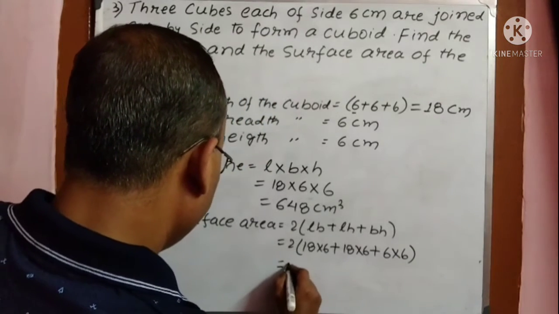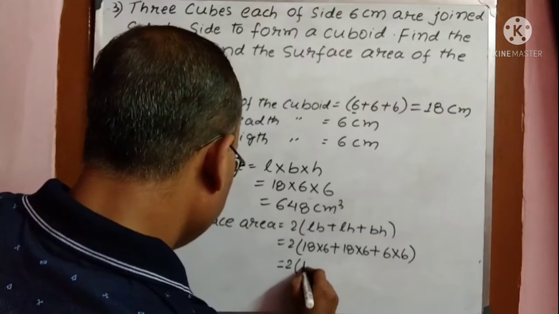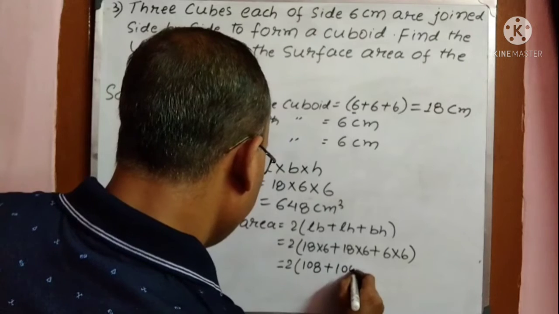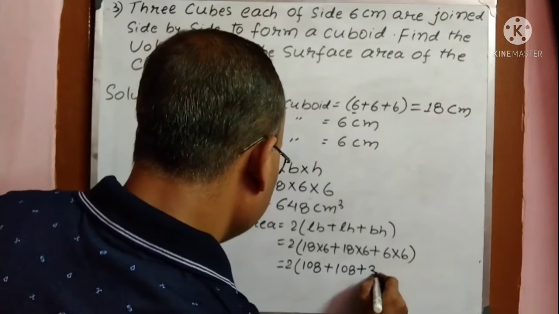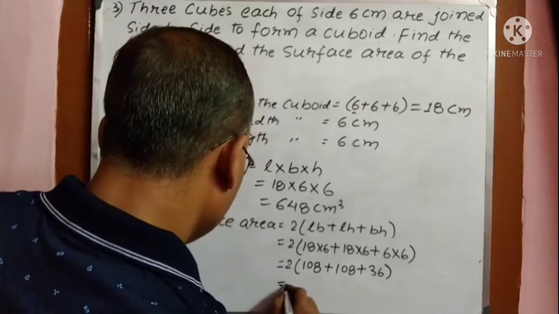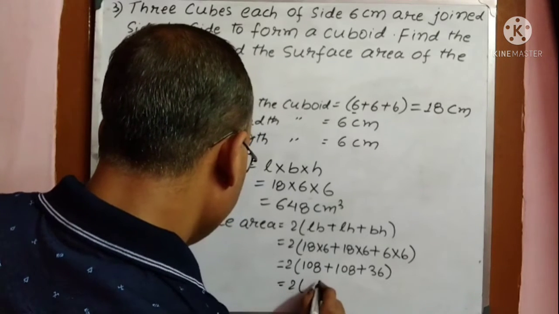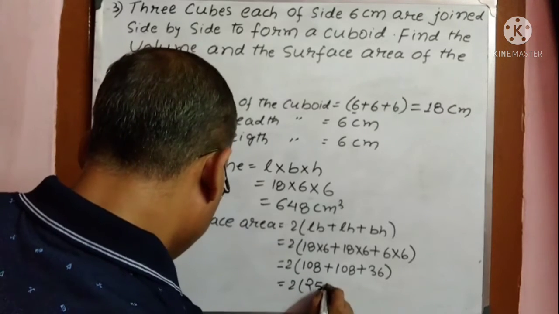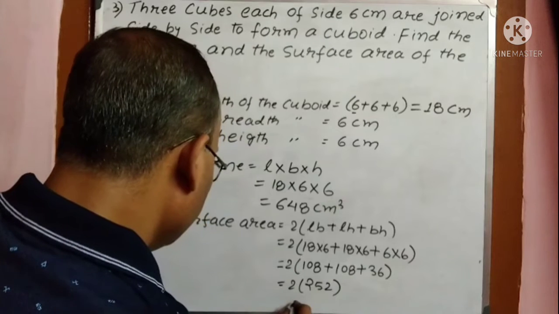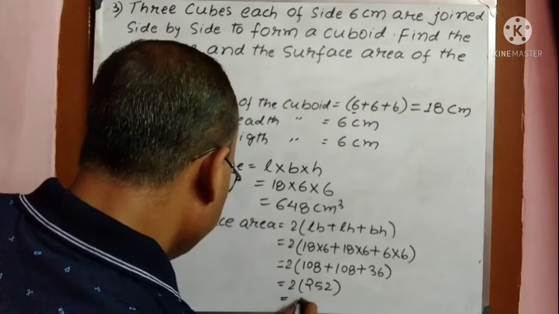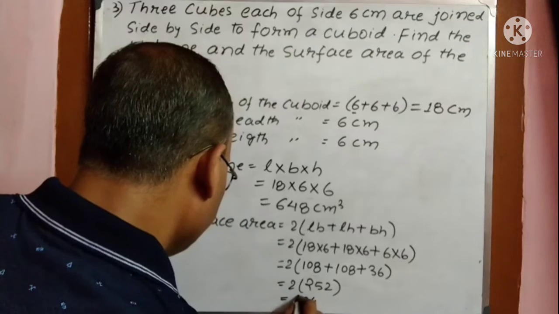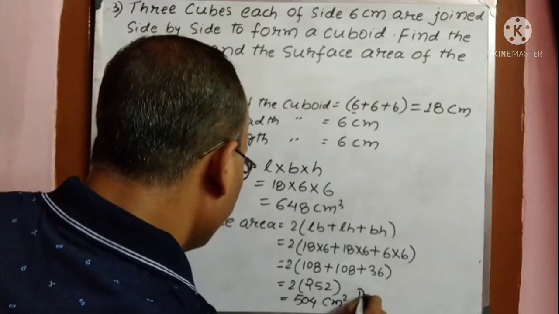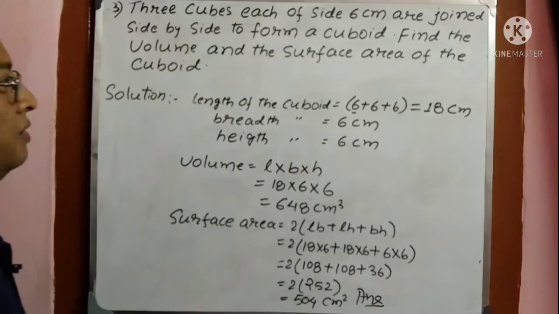So just simplify it, 18 into 6, 108 plus 108 plus 36. So is equal to 2 into your 252. So multiply it, 504 centimeter square. So this is your answer.